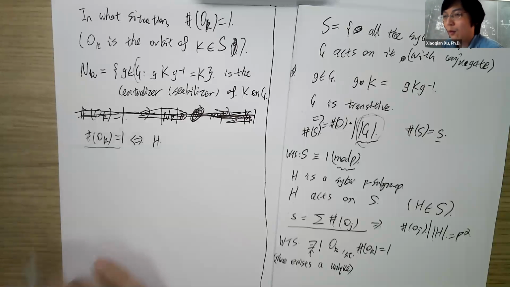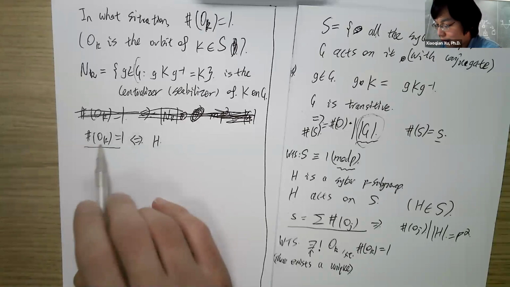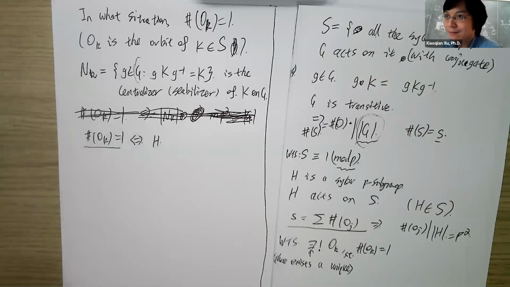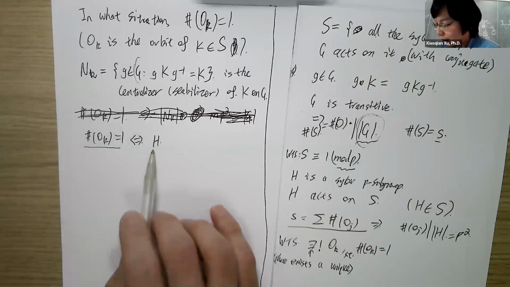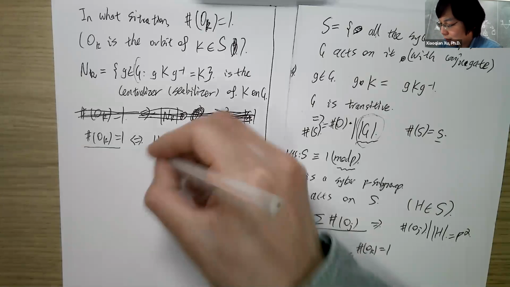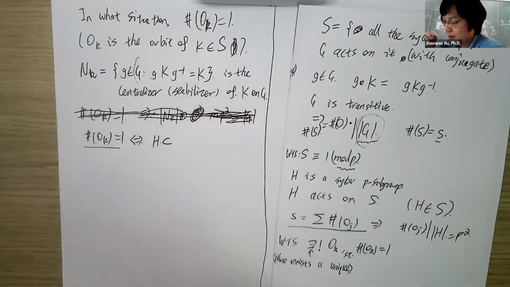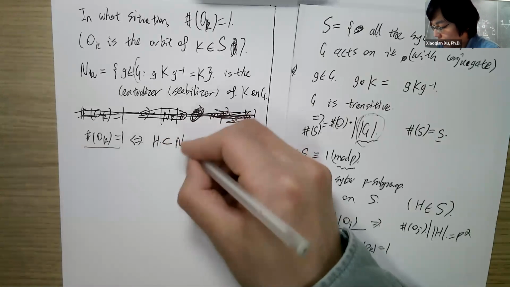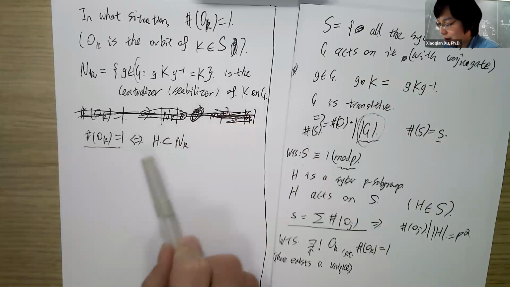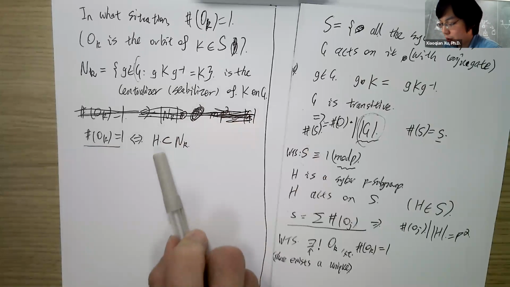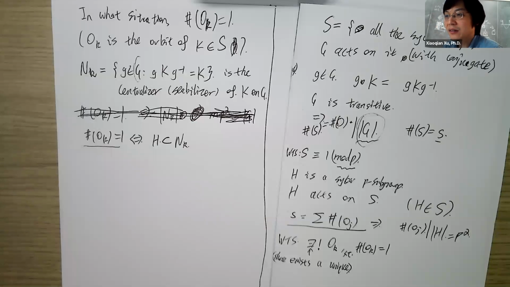But moreover, what we can say is, if the number of the orbit is 1, then this H must be a subset of Nk. Because if the orbit of K is 1, then that means all the elements of H acting on K don't change it, right?